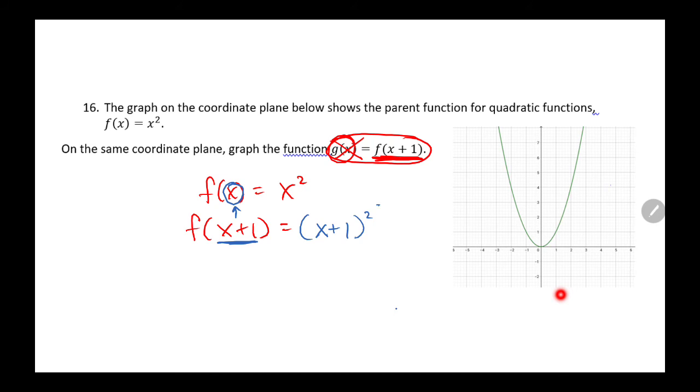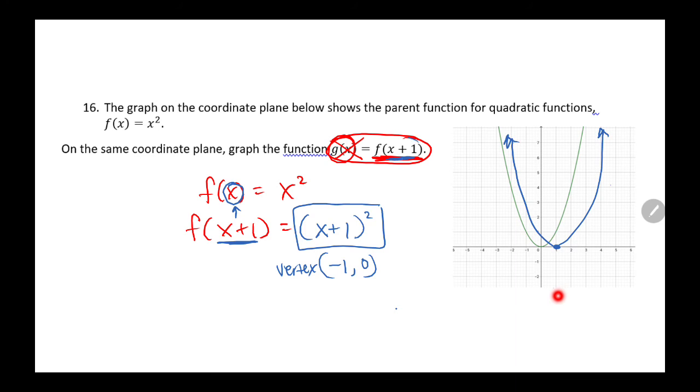Well, we know how to graph that. Come on, it's vertex form. Vertex form says flip the inside and keep the outside number. So this is really the vertex of the new graph that they want me to draw. -1, 0, and it's just shifted. So otherwise, it's the same shape. Cool. So really, it's just asking if you can understand that this is just a shift and it's 1 unit to the left.